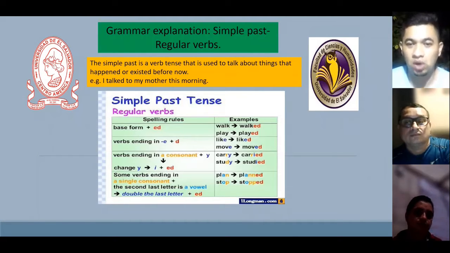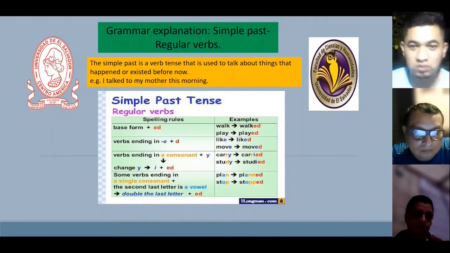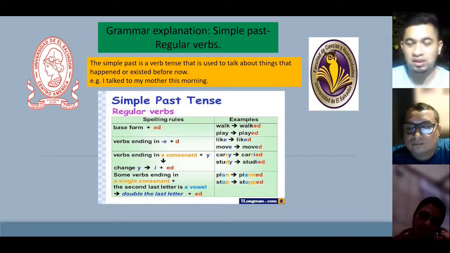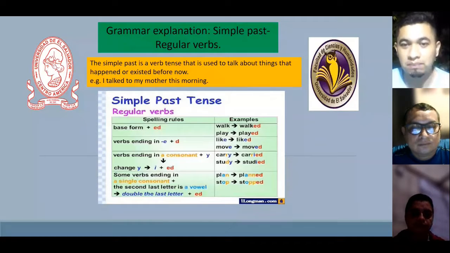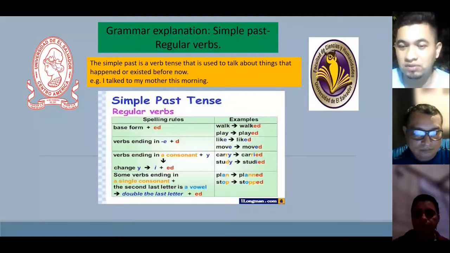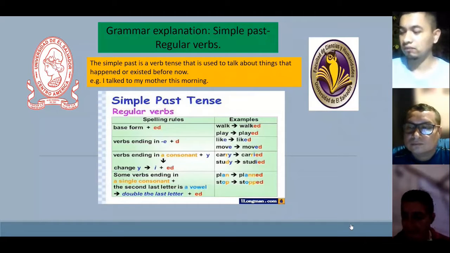Walk. In the past tense, this verb is going to be walked. And the pronunciation is like a T at the end, right? And we have play, and the past tense is going to be played. I don't know, Jose Maria, if you have any other example with this rule. Yes.